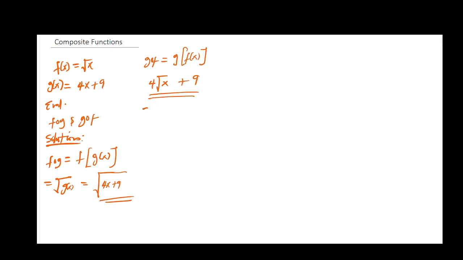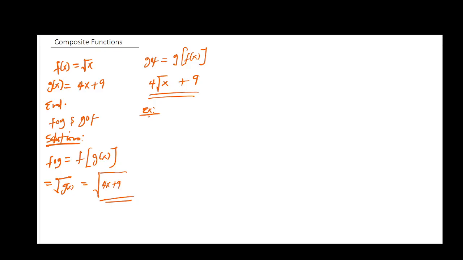Let's take another example, which is an exponential function. Evaluating the composite of an exponential function and a linear function. So, sorry, not a linear.